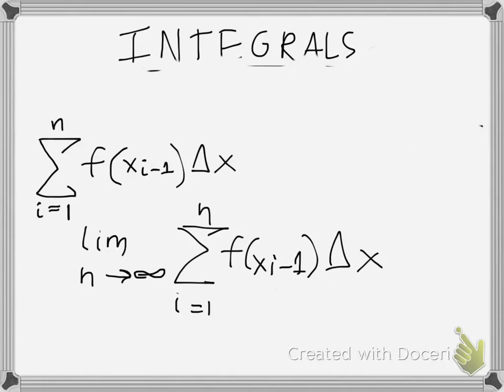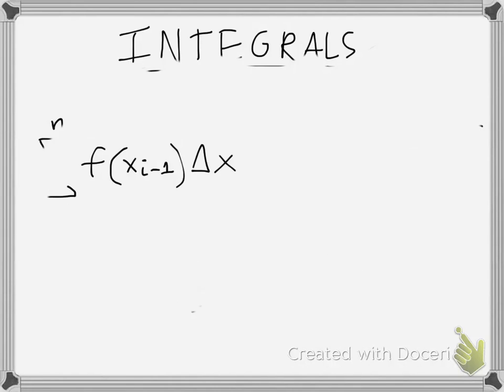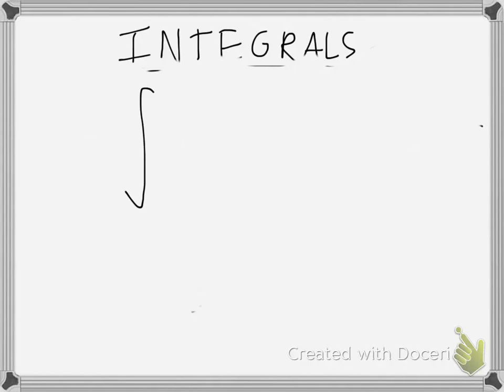And if you have an infinite number of these rectangles, it's called an integral. So if n goes to infinity, we call this the integral from a to b of f of x dx.